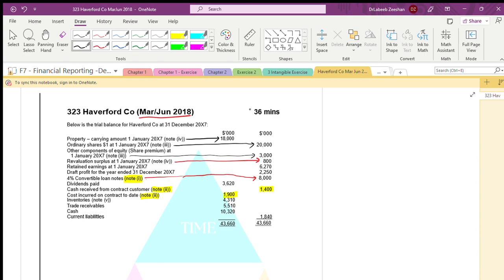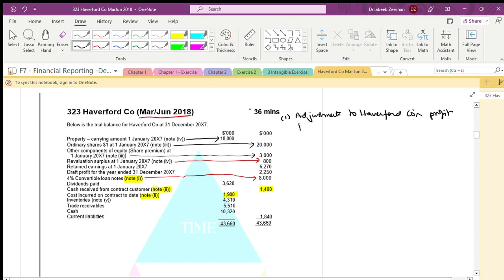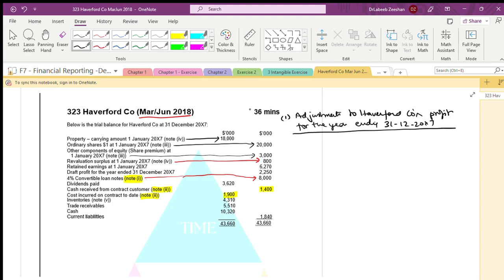Next, the first one: adjustments to Haverford company's profit for the year ended 31/12/2007. Next, how much is the draft profit? They have given us the draft profit. Where is the draft profit?